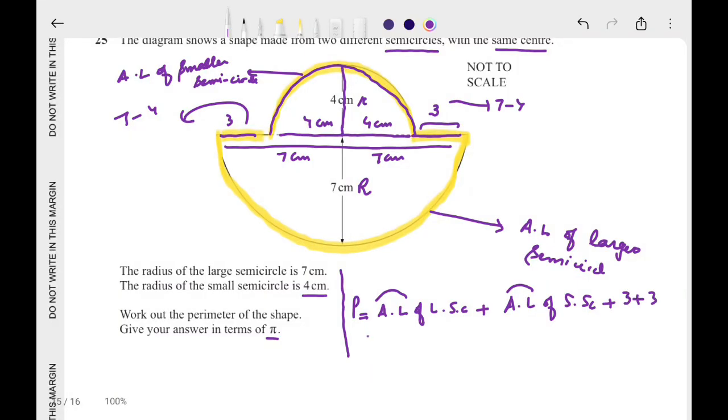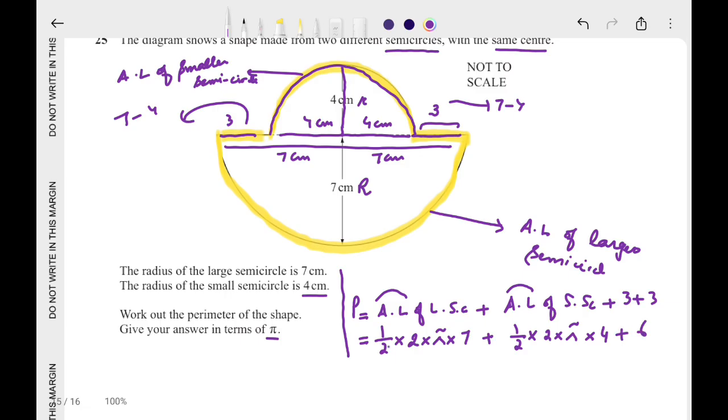So the arc length of the larger semicircle would be 1 by 2 times 2 times pi times capital R, that is 7, plus the arc length of the smaller semicircle, which is 1 over 2 times 2 times pi times r, that is 4, plus 6.